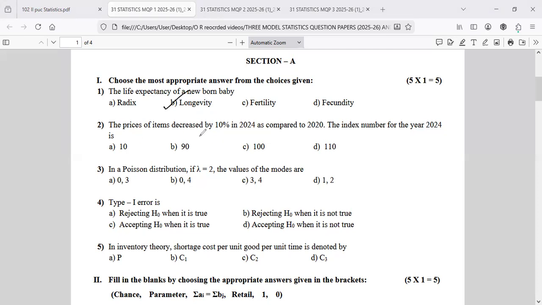The price of an item decreases by 10% in 2024 compared to 2020. The index number for the year 2024, that is the current year only, isn't it?